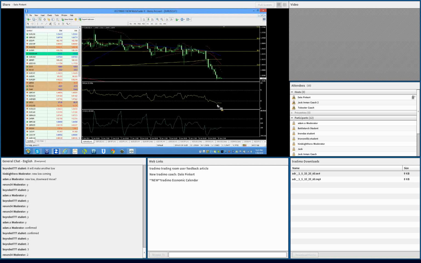Have you guys ever been taught this before? Give me a watch. It doesn't sound real complicated, but it's going to give you an idea whether or not you should be looking for corrections for the trend to continue. If you're looking for a continuation of the downtrend, you want confirmed lows and then sell the rally.